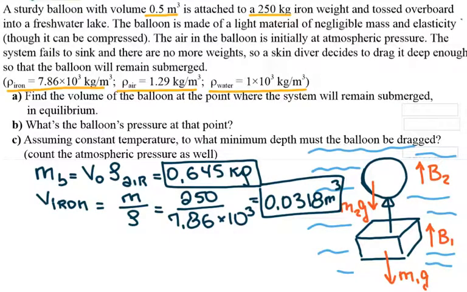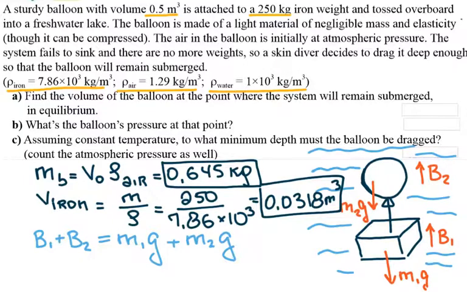And then I have Newton's second law. For equilibrium, we have B1 plus B2 pointing up minus M1 g minus M2 g is equal to 0. Or I can move the weights of the balloon and the block to the other side.